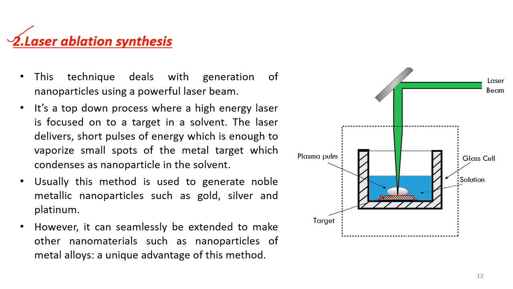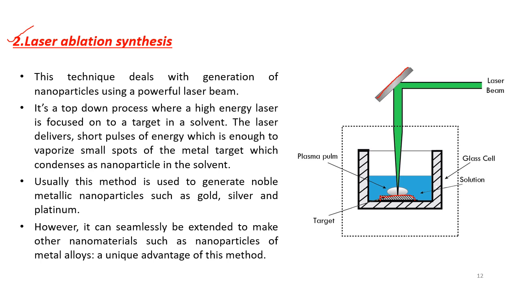If you want to convert these bulk plate materials into nanoparticles, we go for laser ablation. In this technique we generate the nanoparticles using a powerful laser beam. This beam is tilted with the help of a mirror, reflected from the mirror, and targeted at the target material.